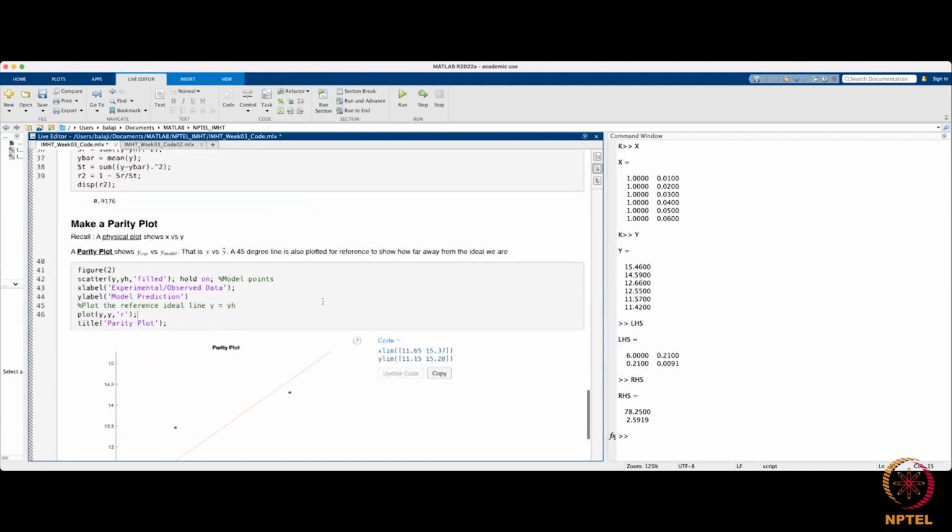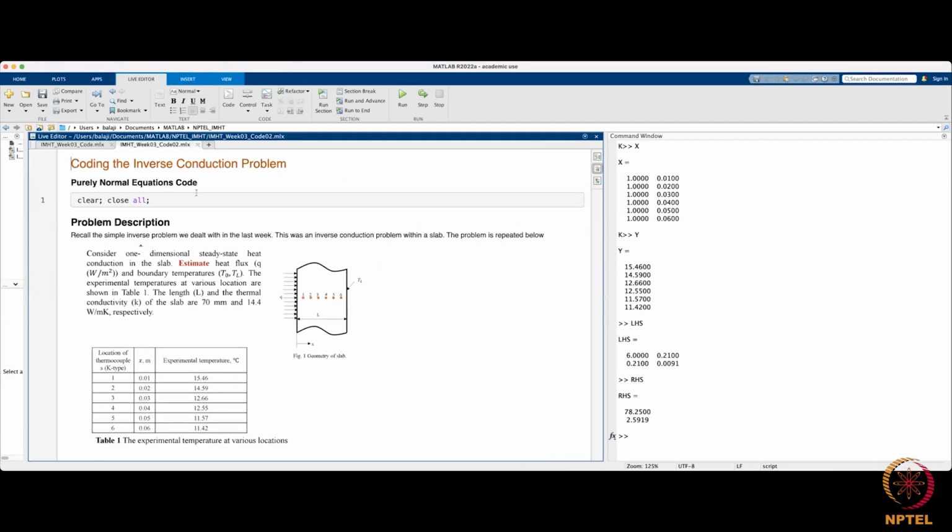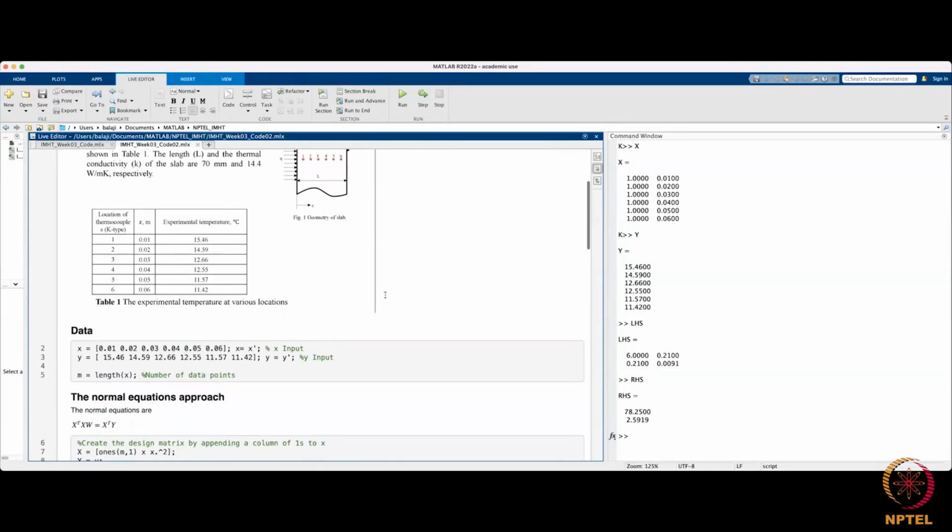Now, I want to show you the advantages of using a normal equation approach. So I am going to take another code. This code is a purely normal equations code. I have not done the W0, W1 exact expressions directly here, but let's see how we can exploit it.